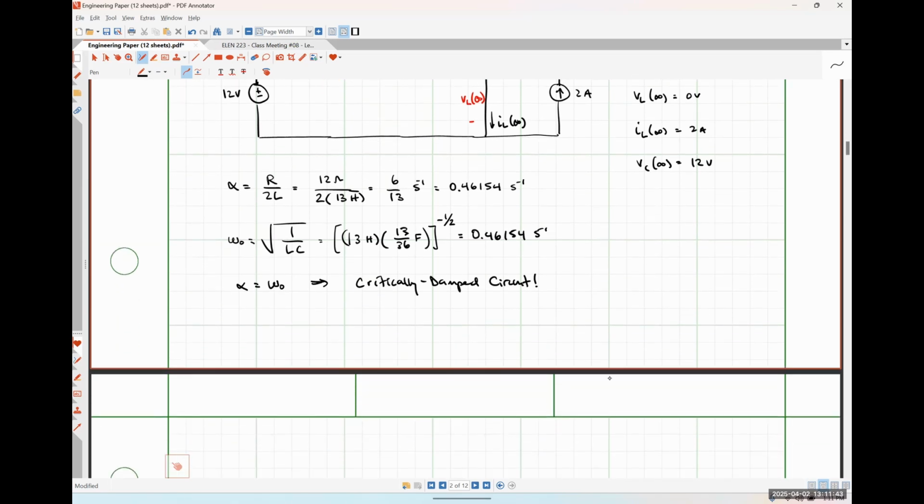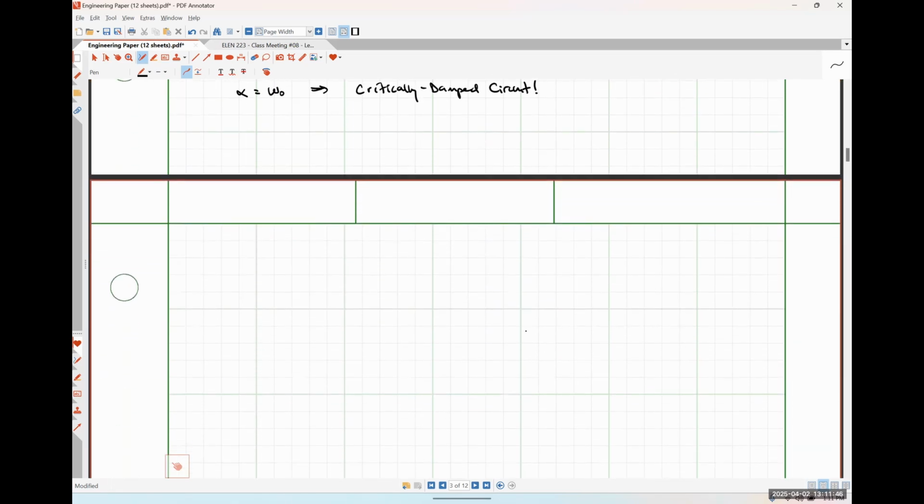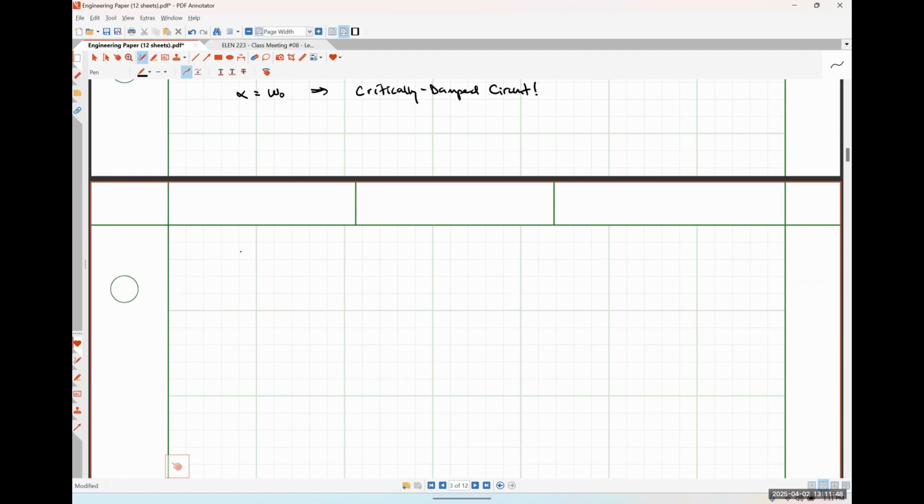So I wasn't smart enough to bring my table with me, but that's okay. So we're going to say that VC of T is, for a critically damped system, A1 T e to the negative alpha T plus A2 e to the negative alpha T plus VC at infinity, right? That should be in your table, okay?